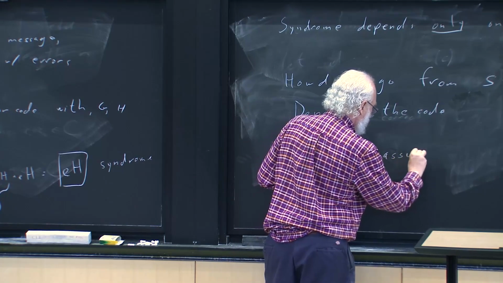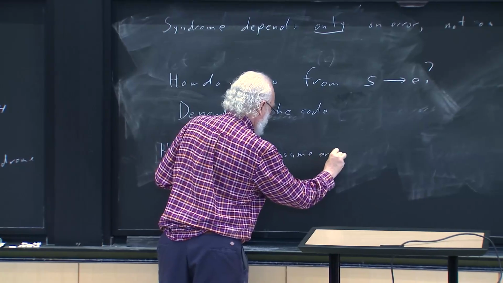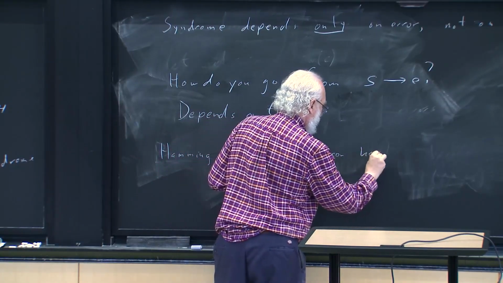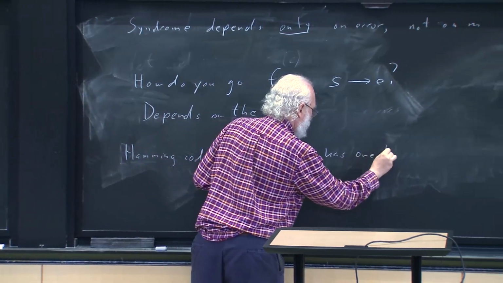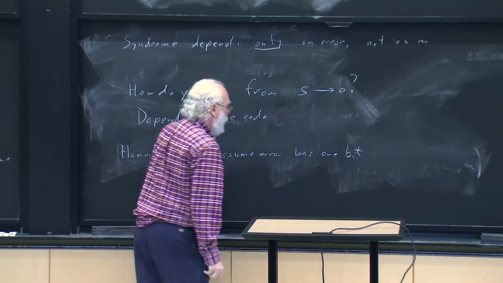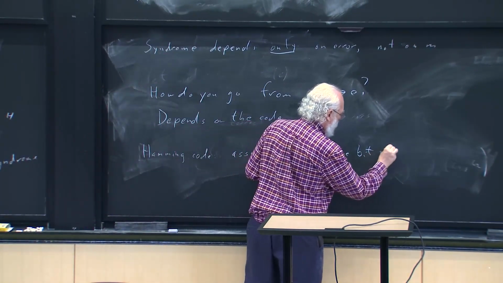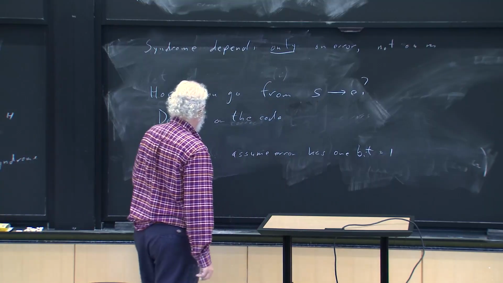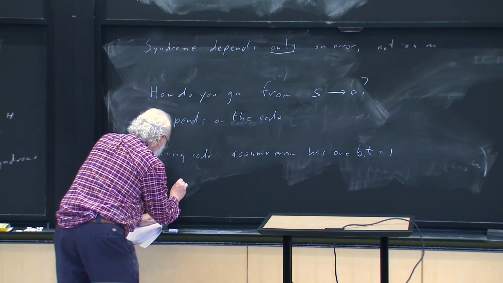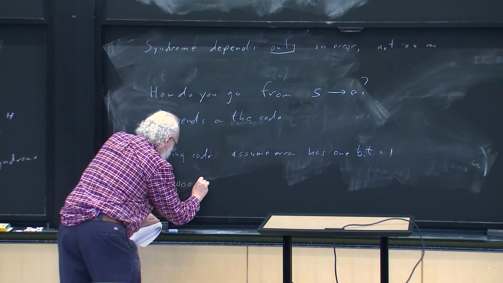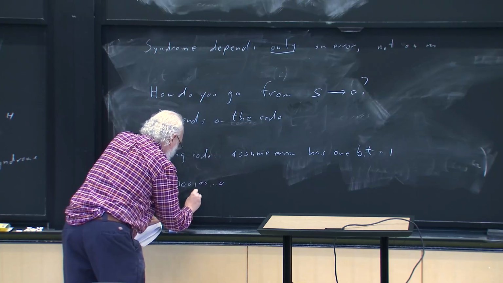Assume the error has 1 bit, or Hamming weight 1. So 1 bit equals 1, and all the others are 0: 0, 0, 0, 1, 0, 0, 0.